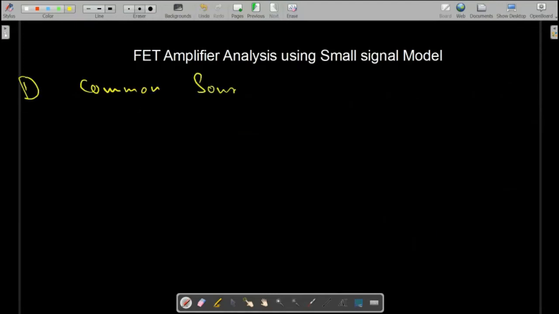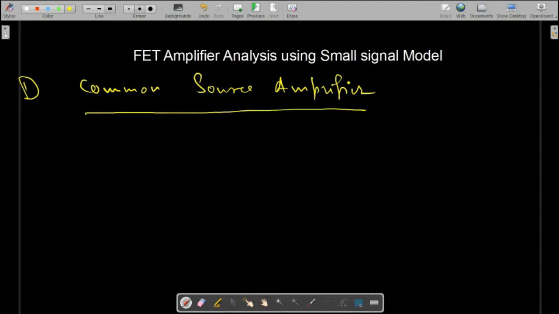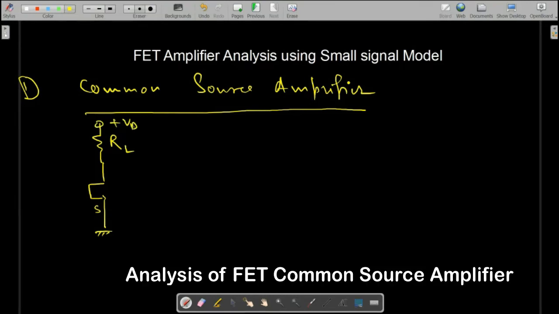So the common source amplifier. The common source amplifier is exactly the same as your common emitter. Okay. So the source is grounded. Here you have some load resistance and VDD.